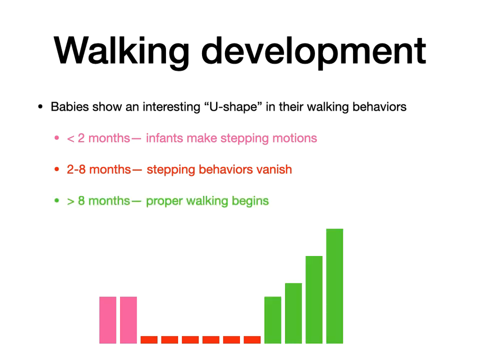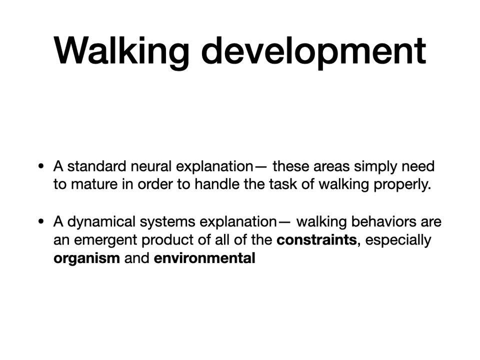So the behavior comes back and they get better at it. What's going on here? Well, a standard neural explanation, even neural stuff, sometimes overcomplicates things. These areas that are responsible for the motion need to mature, and they sort of prune some of these things off for a while and let other parts of the brain develop, and then they reemerge, right?